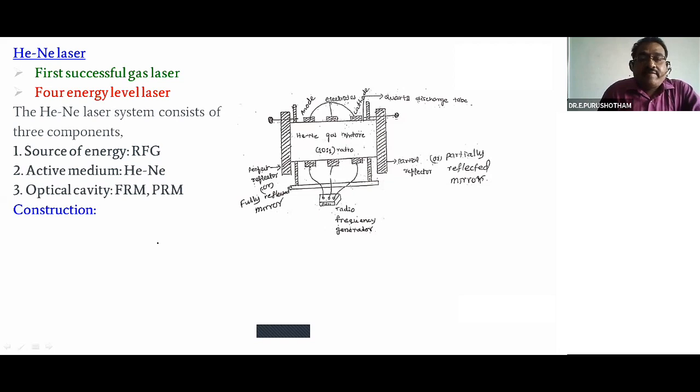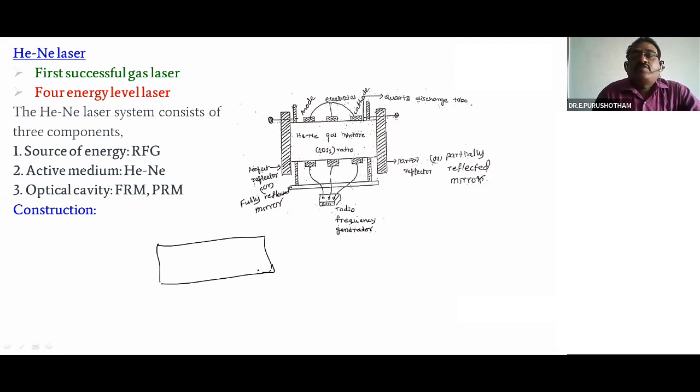Now the construction. It has a quartz tube. You can see here, this is the quartz tube. The quartz tube length is 15 centimeters to 80 centimeters. The diameter is just 1 centimeter.